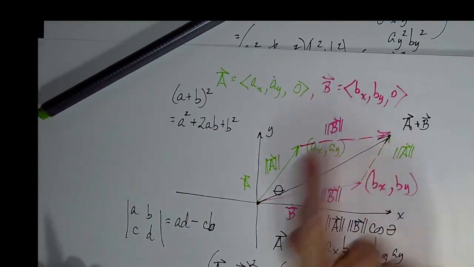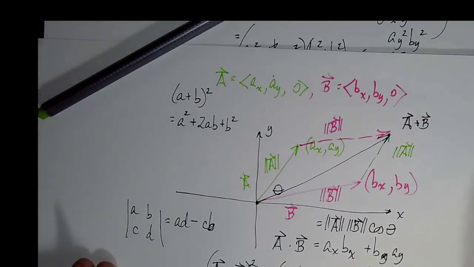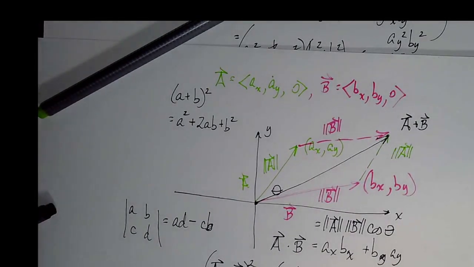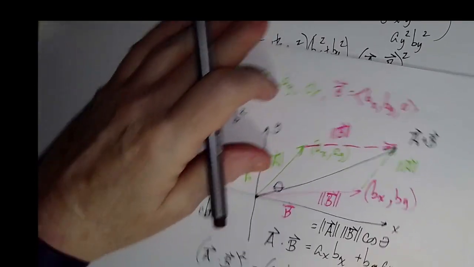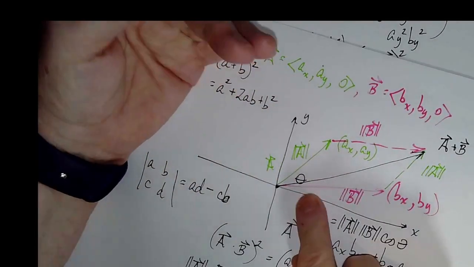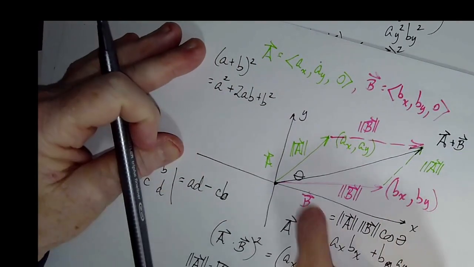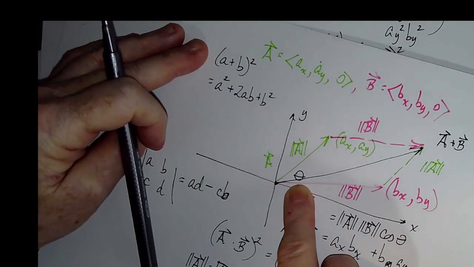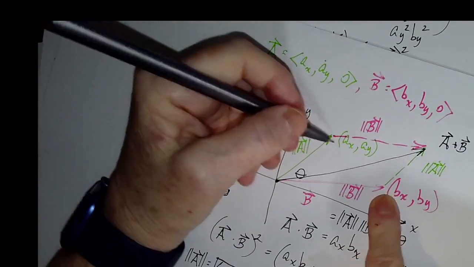We're going to look at this parallelogram and reach back in your memory to recall that you can find the area of a parallelogram by multiplying the base by the height.